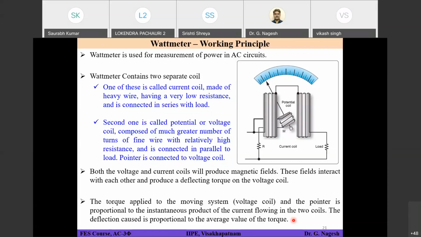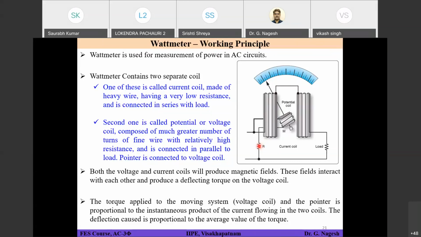With that intention, they intentionally place a resistor in the potential coil so that the current flowing through it will be reduced, and the error in your reading will be less. Since the current in the potential coil is less, a small or thin wire is sufficient to carry that current. Is it clear?